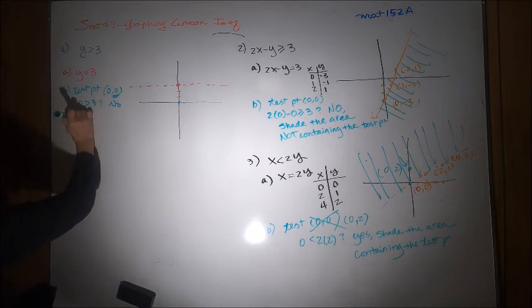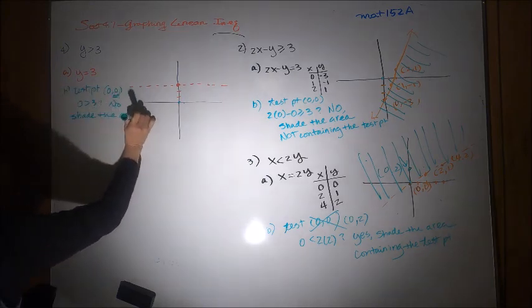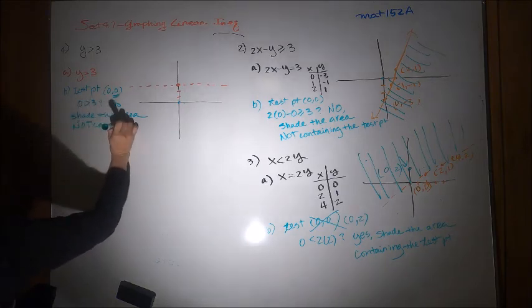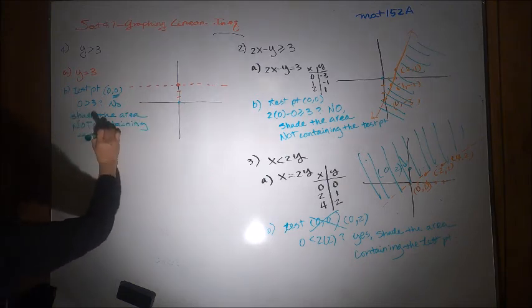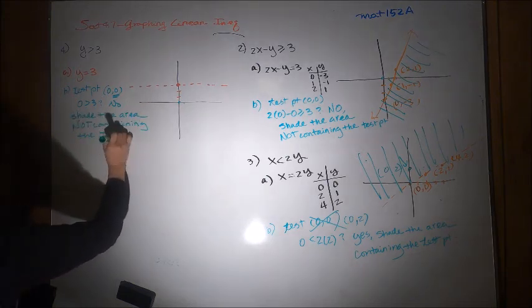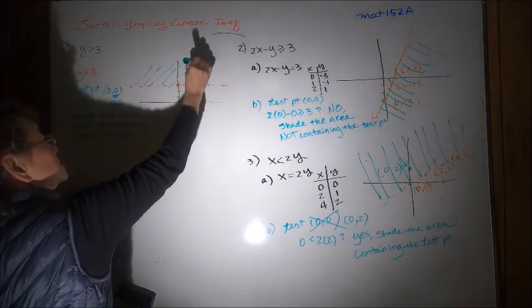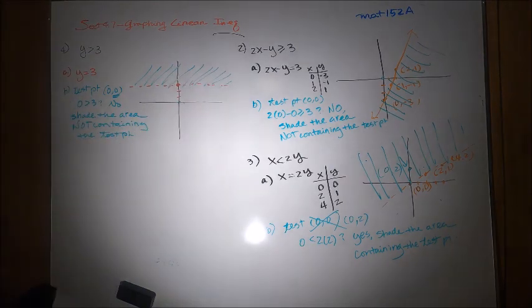If not, you will shade the area not containing the test point. Right? So you will shade this area. Is that right? Not too bad, right? Manageable.